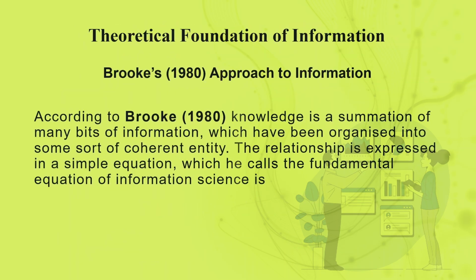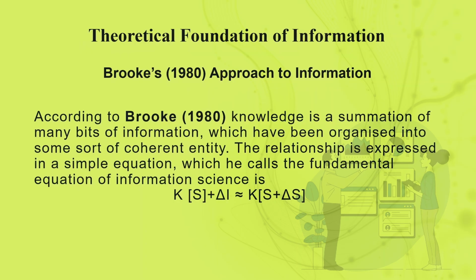According to Brookes, knowledge is a summation of many bits of information which have been organized into some sort of coherent entity. The relationship is expressed in a simple equation which he calls the fundamental equation of information science.